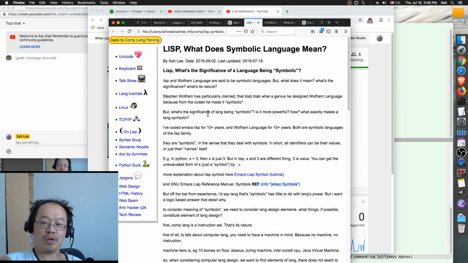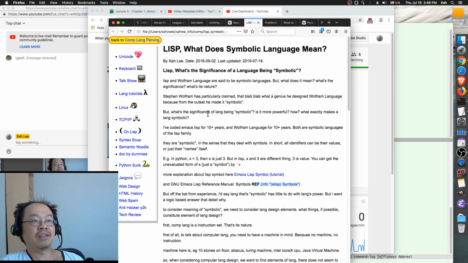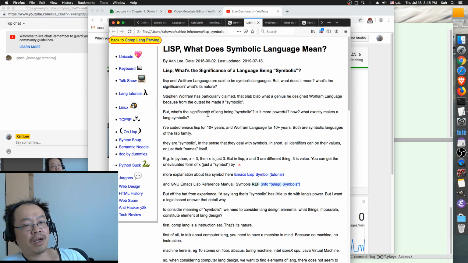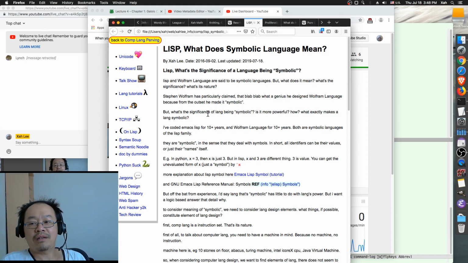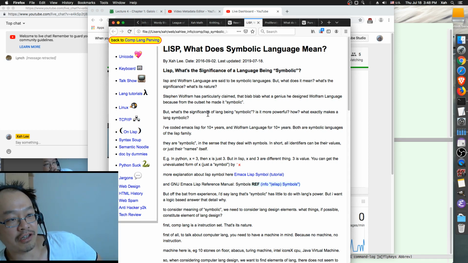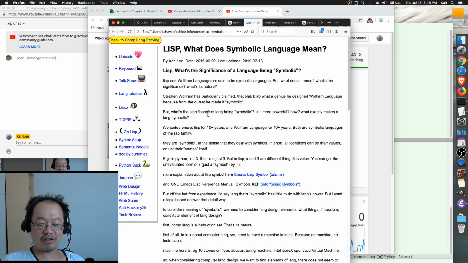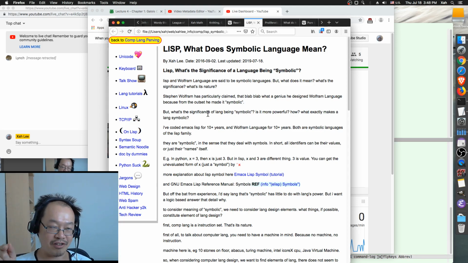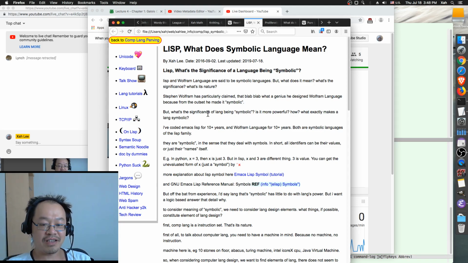So why is this question important? What does it matter? Some languages are symbolic, some are not. Is it important to know why? It's just a feature. You can say some languages are just designed like that. They have symbols. That's it. But here is the question that makes this interesting.